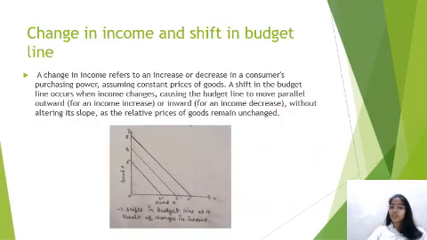Basically, change in income refers to an increase or decrease in the consumer's purchasing power, assuming constant prices of goods. A shift in the budget line occurs when income changes, causing the budget line to move parallel outwards or inwards as income increases or decreases, without altering its slope. The relative price of goods remains unchanged. You can see the curve here.